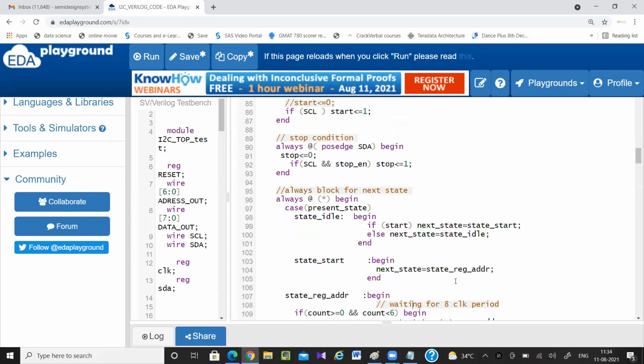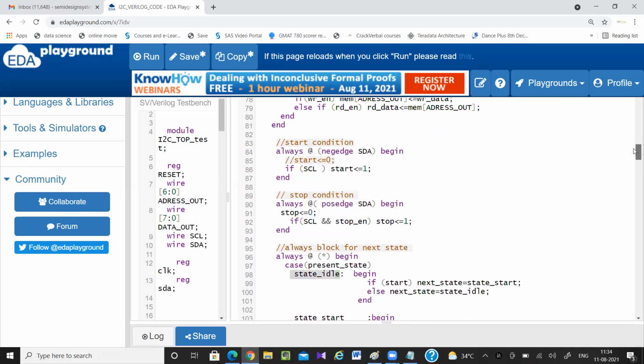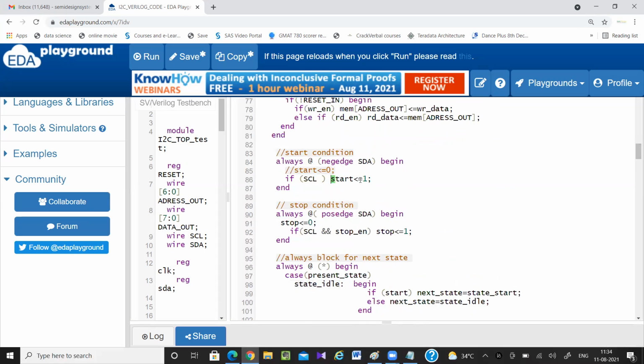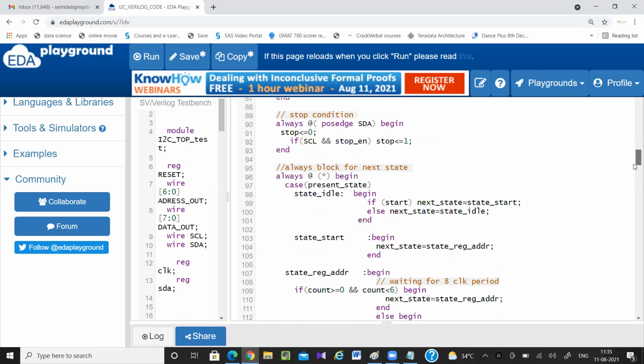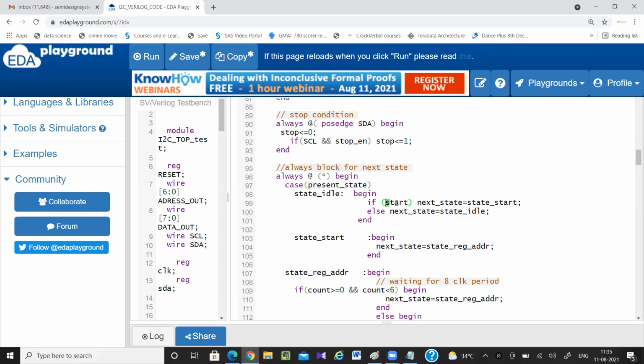So now it is the next state. From the idle state, whenever it detects the start condition, it will make the start signal 1. This start is an internal signal. So now my slave will look for the start signal. If slave finds start signal equal to 1, it will go from idle state to the next state. So if start is equal to 1, then it will go to the start state, else it will remain in the idle state.